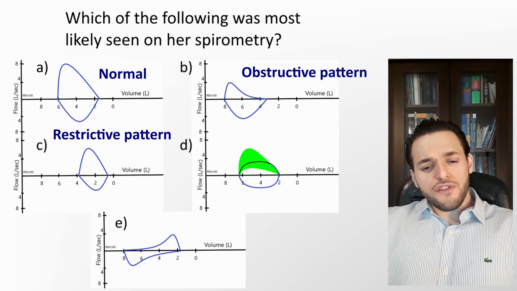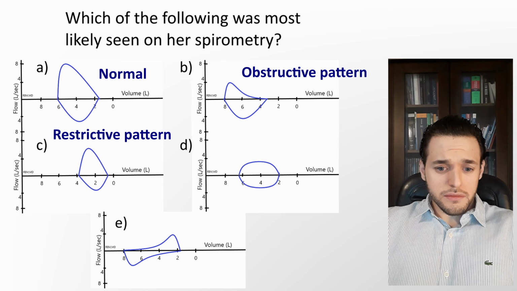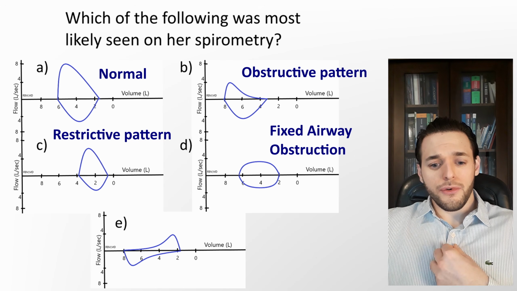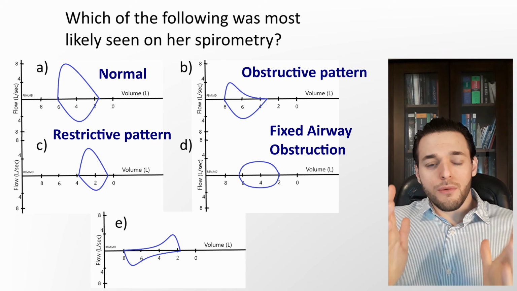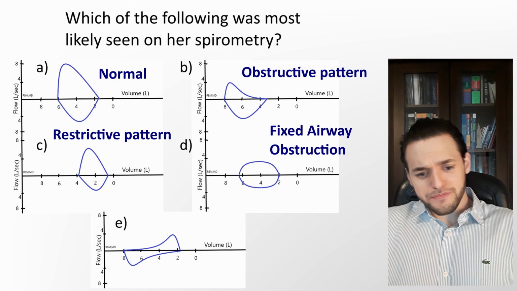Here, that's not what you see, it's pretty much constant. So that's what you expect if you have a fixed airway obstruction. For example, if you have a tumor that's pretty much uniformly restricting inspiration and expiration.